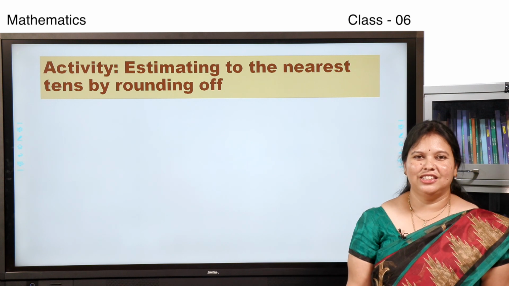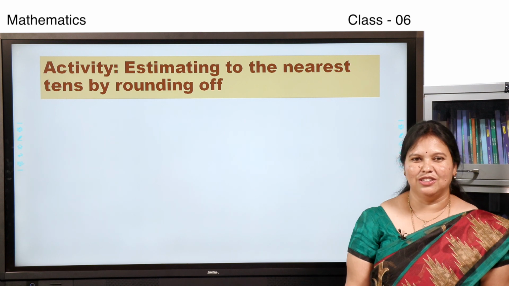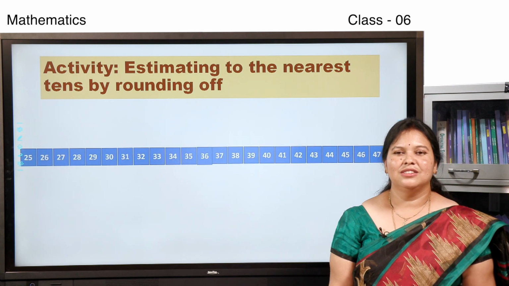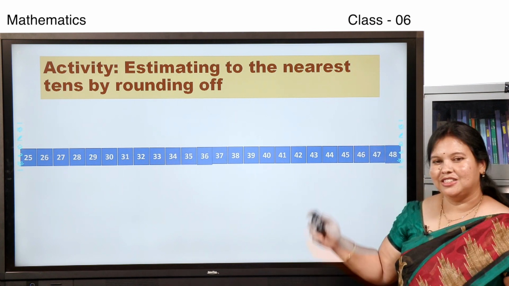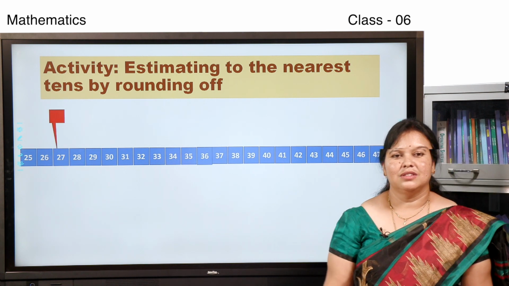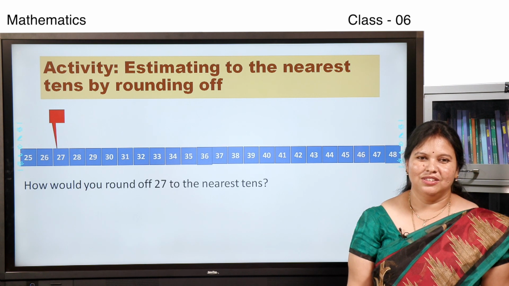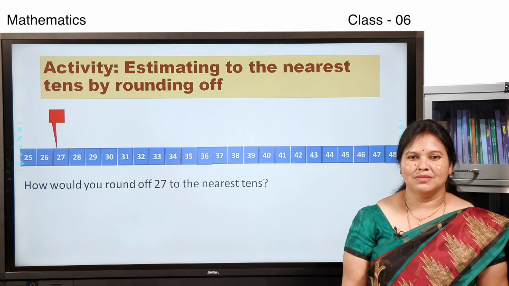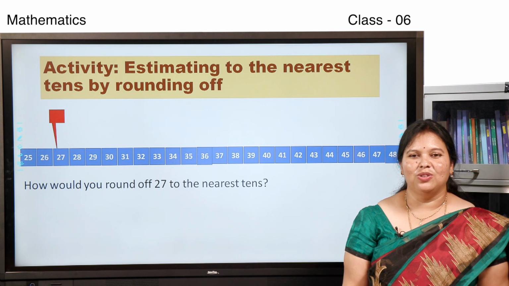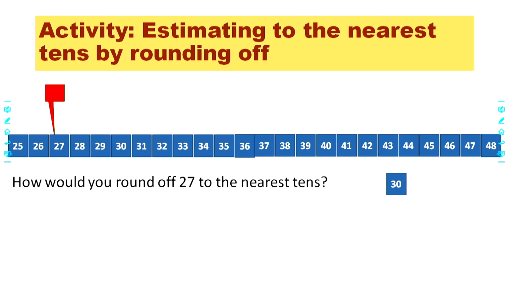Now, let us do an activity by estimating to the nearest tens by rounding off. Here, I have given numbers from 25 to 48. So, here is a flag and the number 27. How would you round off 27 to the nearest tens? So, you know 27 is nearer to 30, so 27 is round off to 30.